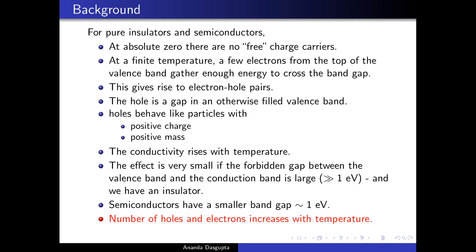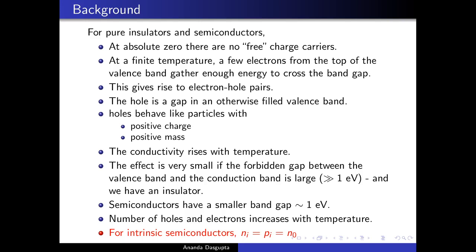Of course, the number of holes and electrons increases with temperature. In fact, it increases exponentially with temperature. And for intrinsic semiconductors, that is semiconductors which are completely pure, the kind we are talking about here, the number of electrons and the number of holes, even this small n_i and small p_i, which are actually the concentrations of electrons and holes, are both equal because they are of course produced together.